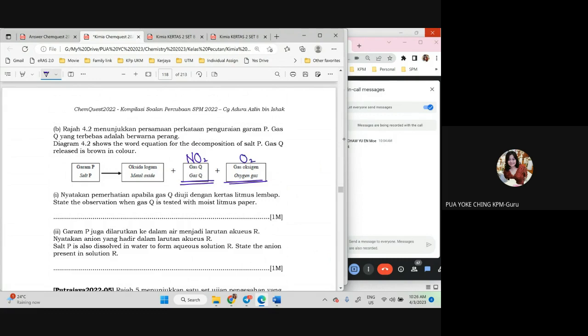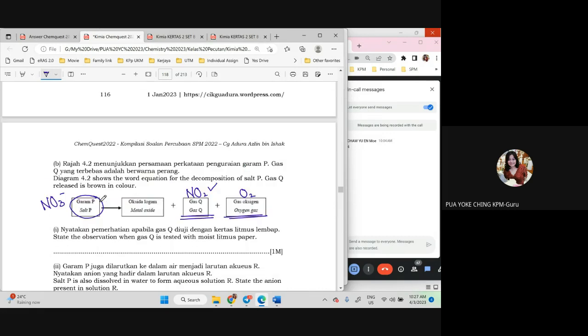So you check betul tak? Oh, dia kata Q is brown. Yes, correct. NO2 is brown. So kalau macam ni, you already know P ada apa? P ada NO3-. You just don't know the positive ion. Okay? But you must have the NO3-.